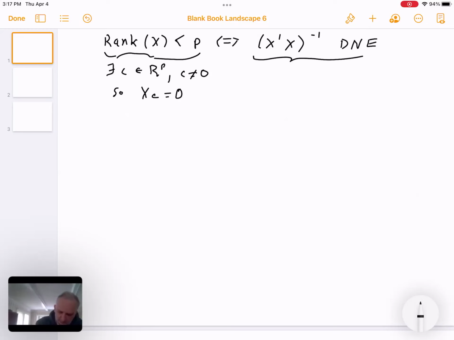So this is just another name for the same thing: there exists C in R^P, C not equal to 0, so that X prime X C equals 0. I can find linear combinations of the columns that give me 0, besides taking 0 times all of them. Okay, so let's show this one then.